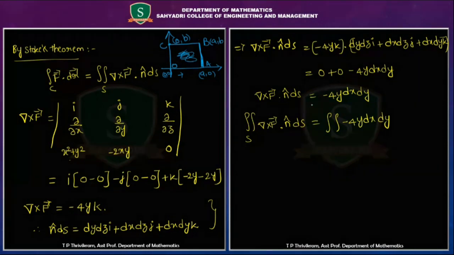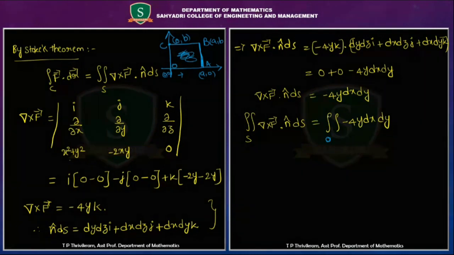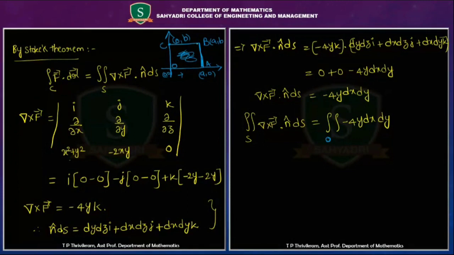What is the minimum value for y? Origin, right? In origin y value is 0. So what is the maximum point? Either you can compare C point or B point. Maximum how much point it has went? B, right? So maximum y value is b here.